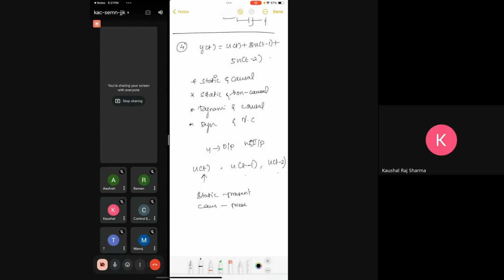So here present is there, past is there, past is there, and they are added together. So it has present and past. Even when past comes, it becomes dynamic, and obviously causal since it doesn't involve any future. If I say it has u of t plus 2, then this becomes dynamic and non-causal. Is it clear?